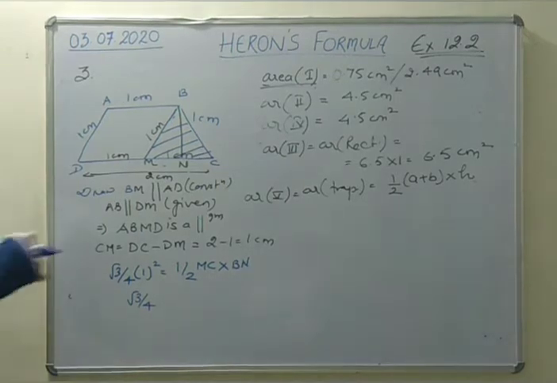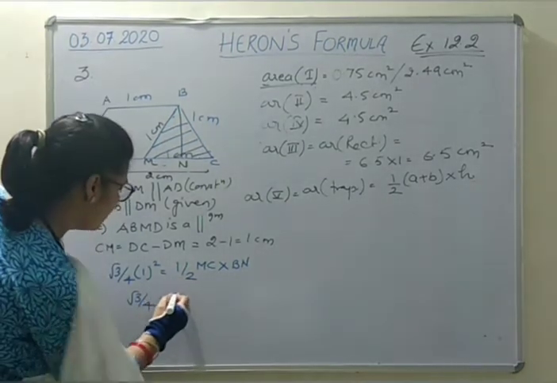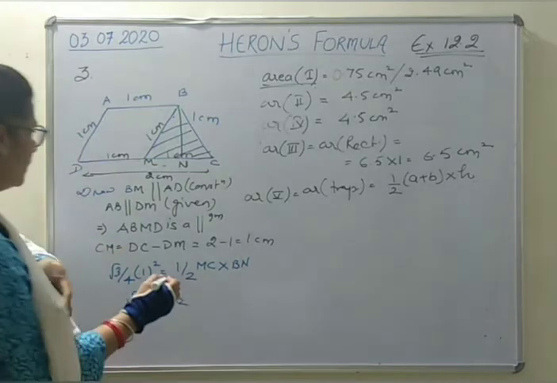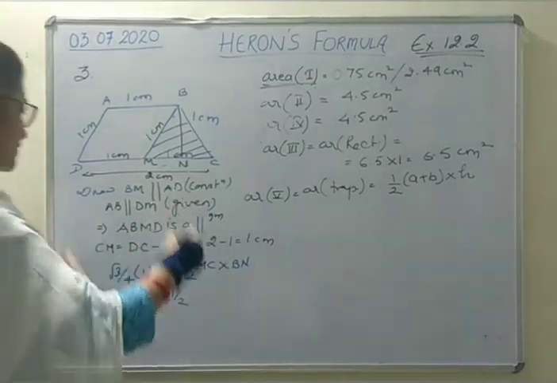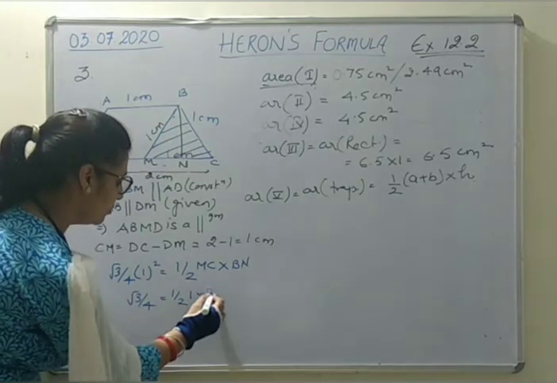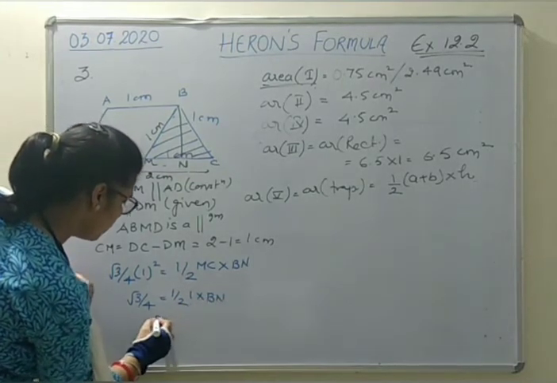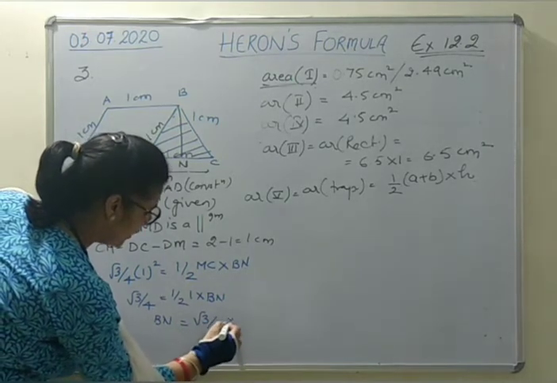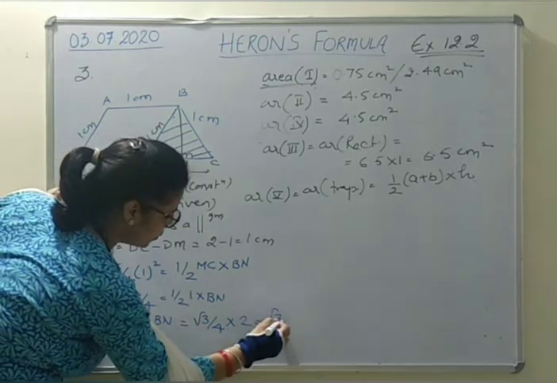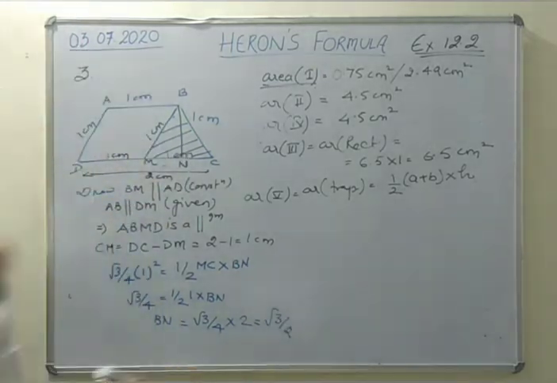So root 3 by 4 equals half into CM into BN. Now what is CM? CM is 1. So what is BN? BN will be root 3 by 4 into 2, so root 3 by 2. So what is the height? The measure of the height is root 3 by 2.